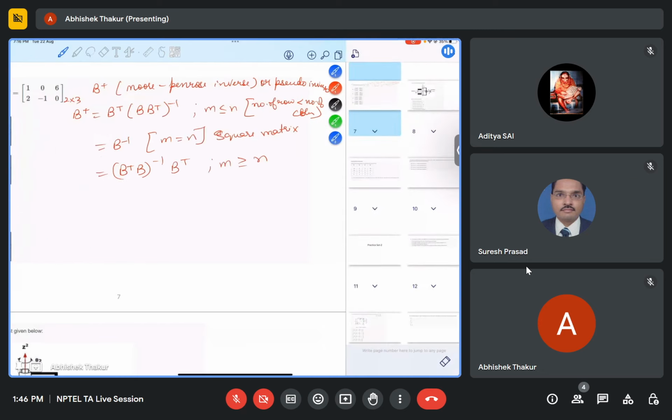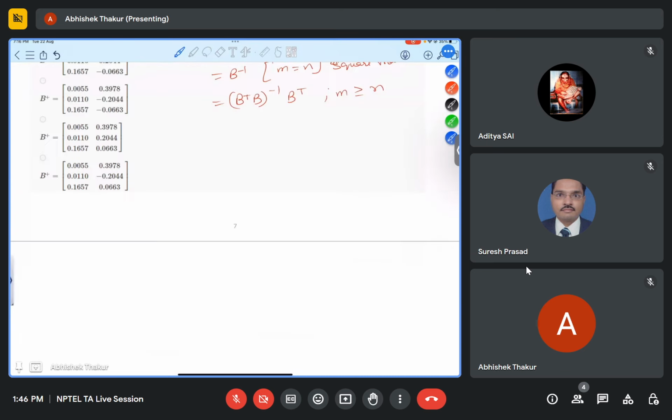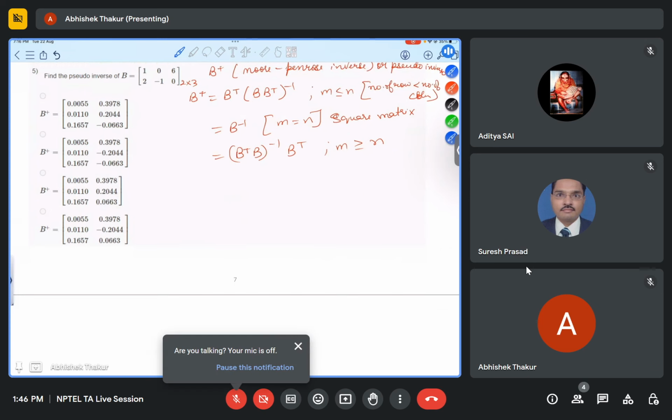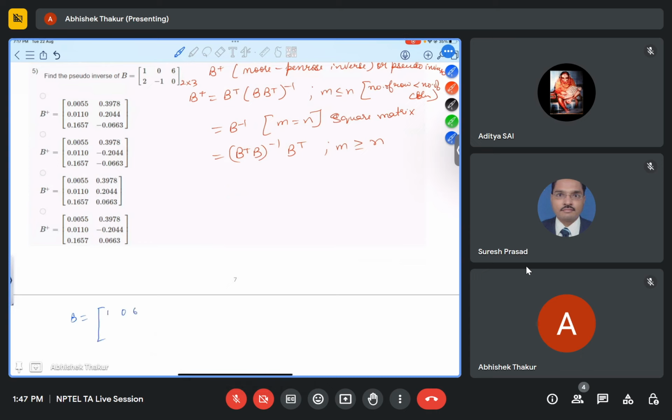So we'll solve using this. So B is 1 0 6, and in the second row it is 2 minus 1 0.